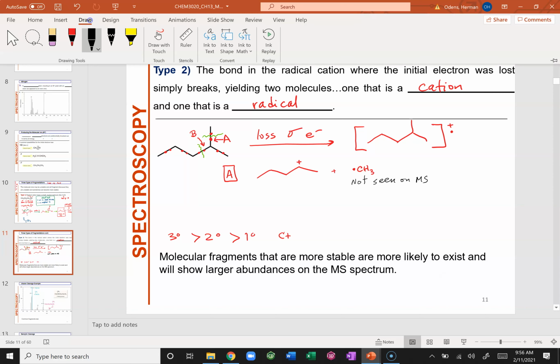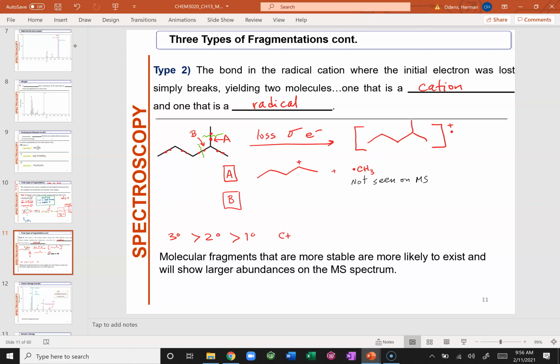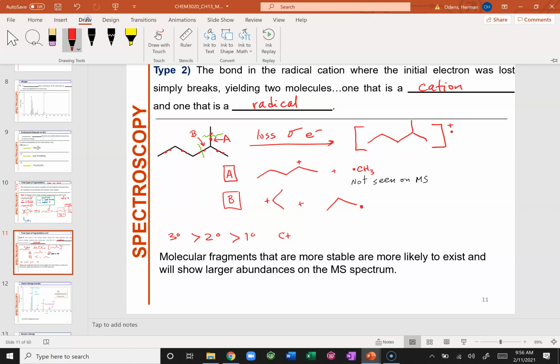All right, and B, if I do the cleavage on B, that's going to produce this carbocation plus, let's see, if I click that, yeah, plus this one right here. And so the one on the left will be seen, but the one on the right will not.